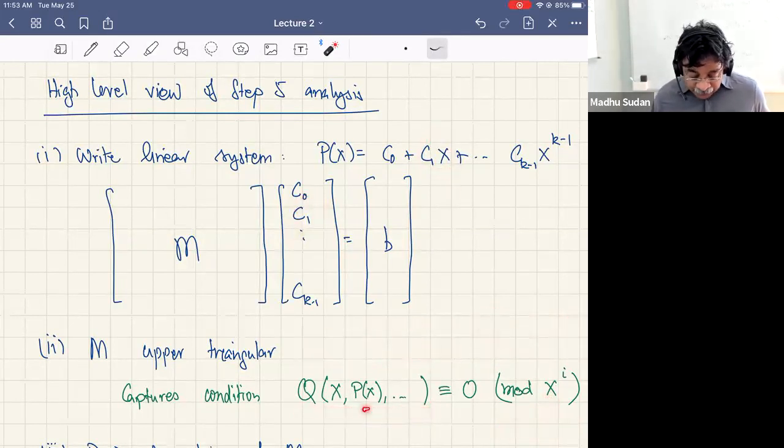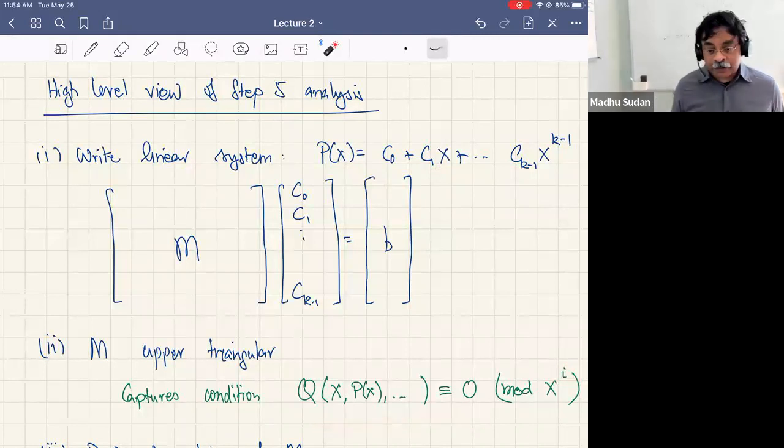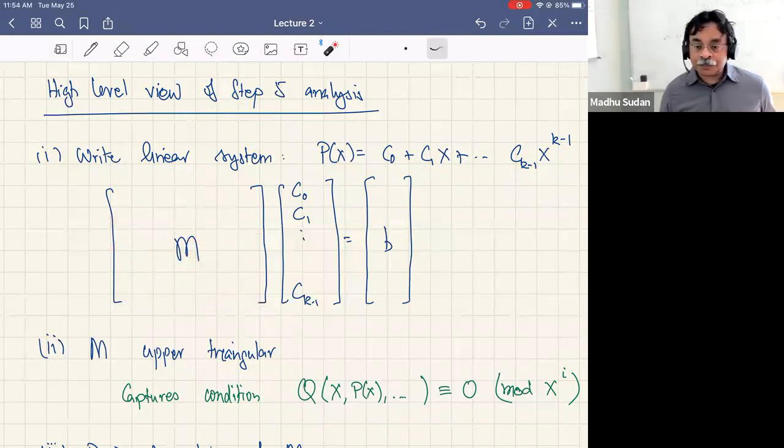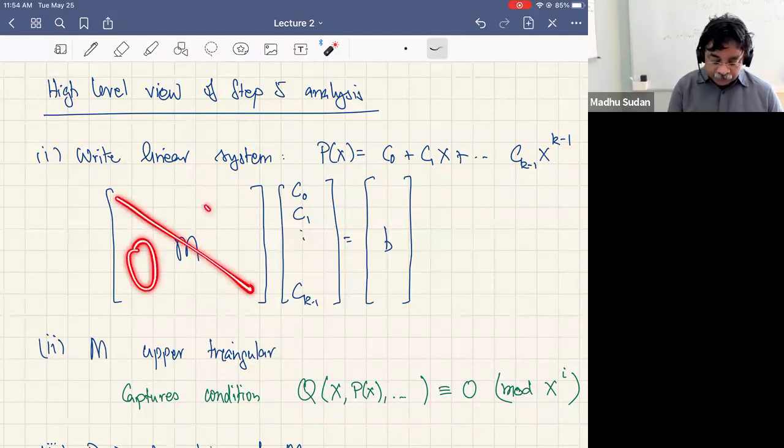It doesn't, because that only affects the nonlinear terms in X, and we're only interested in the constant term. So C1 through Ck minus 1 do not affect this condition mod X. When I go mod X squared, only C0 and C1 make a difference. Each one of these equalities gives me one linear constraint, and that's where this upper triangular system comes from. Recall, upper triangular means this is 0, this is something, and this is arbitrary.